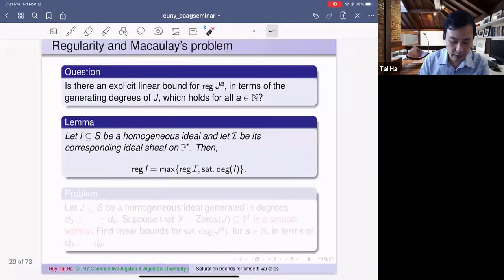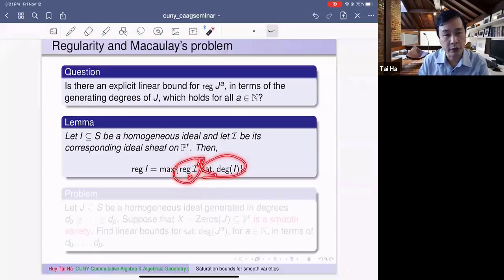Now, one thing we know from the Castelnuovo-Mumford correspondence is that the regularity of the ideal is the max of the regularity of the ideal sheaf and the saturation degree. So when we give a linear bound for the saturation degree of the powers, and at the same time we know a linear bound for the power of the ideal sheaf by the results of Bertram, Ein, and Lazarsfeld, we automatically get a linear bound for the regularity of the power of the ideal itself.